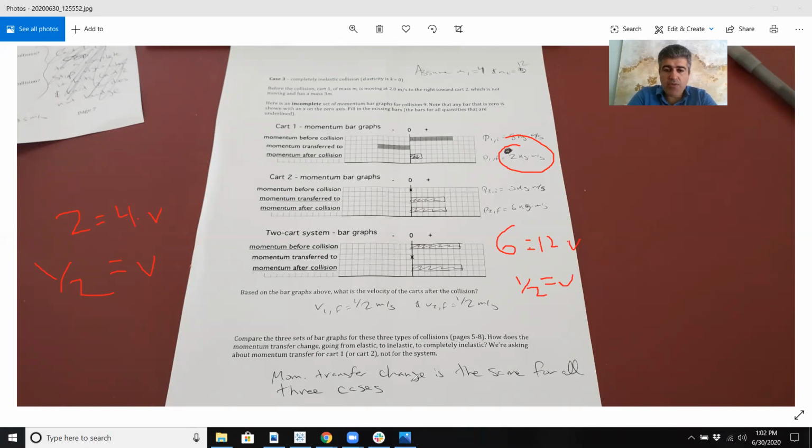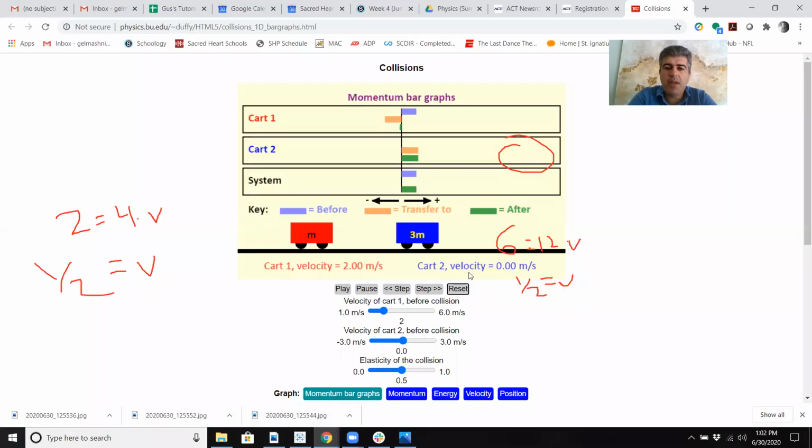And the thing is, the momentum transfer change is the same for all 3 cases. So whatever you gain from one, you lose from the other in the opposite direction. That's always going to be true for any type of elasticity you're dealing with, or inelasticity. We'll just run through that simulation really quickly. So let me clear my screen.